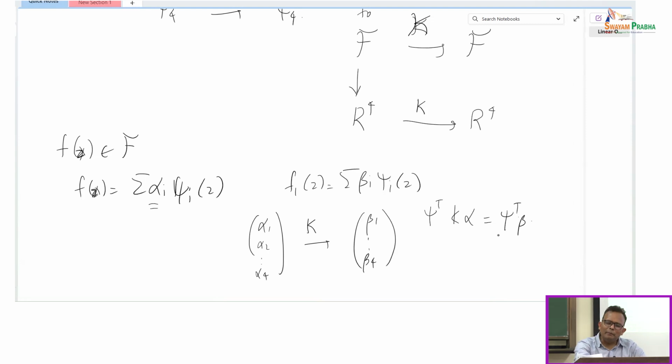Make sense? That's why this matrix is written in a transposed form, because the functions are multiplying from the left and the coefficients are multiplying from the right. That's a small detail. If you do use functions from the left, then you can write it in terms of K transpose and so on. Okay? Does that make sense?